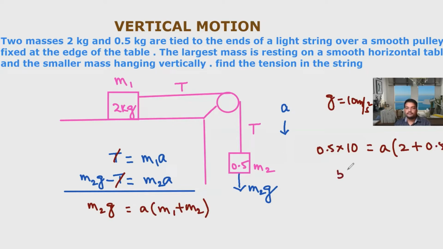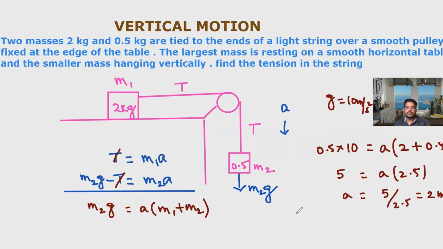Then 5 is equal to A of 2.5. Then A is equal to 5 by 2.5, that is equal to 2. That is the acceleration of the whole system. A equal to 2 meter per second square.